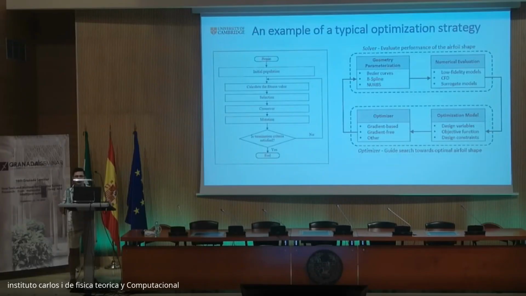Here I have attached an example of a typical optimization strategy. Up until a couple of years ago, with the advent of machine learning and artificial intelligence, it was mostly done using a genetic or evolutionary algorithm with a computational fluid dynamics simulation, which would be to the left.